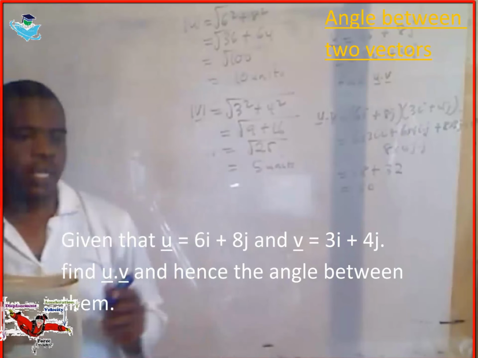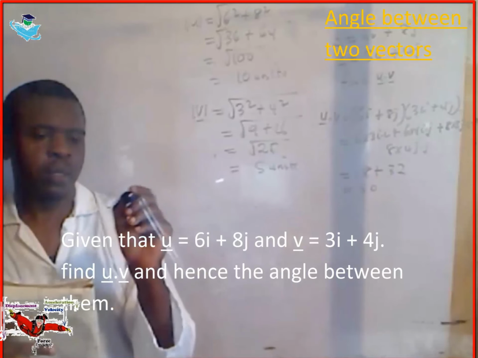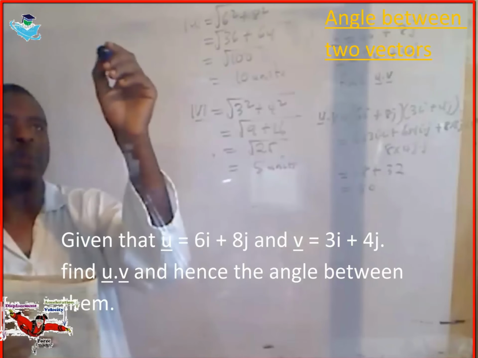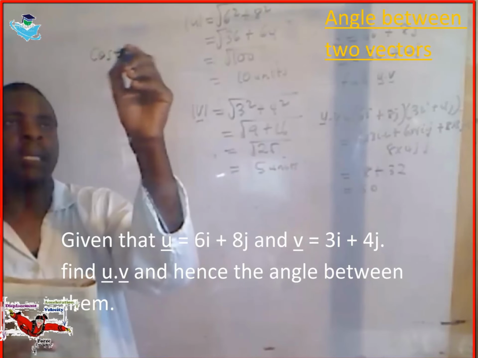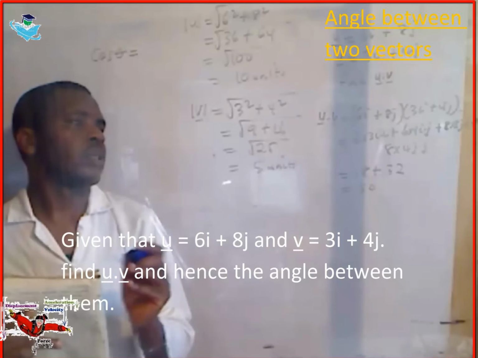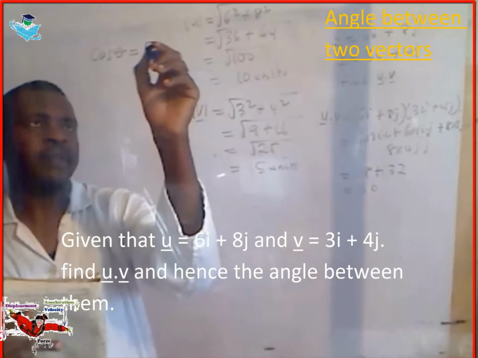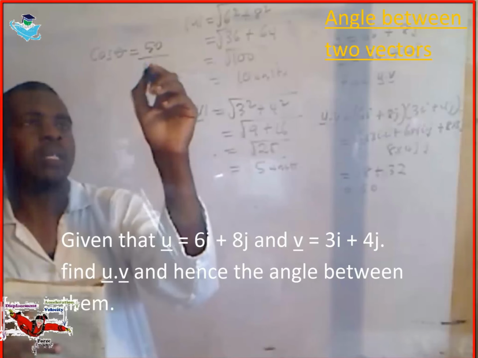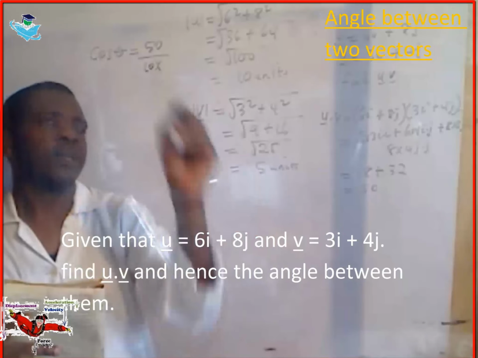So what are we saying here? We're saying that cos theta is equal to u dot v, which is 50, divided by the magnitudes, that is 10 times 5.